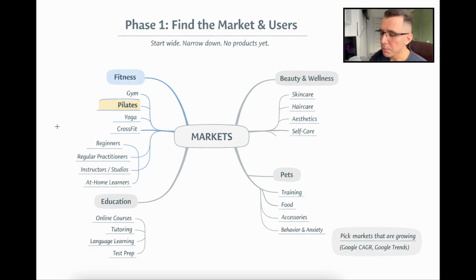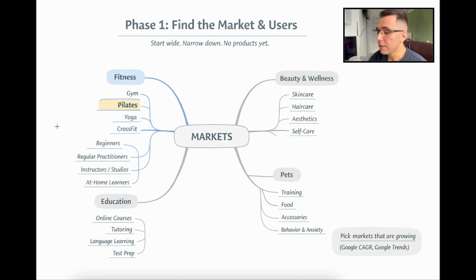For the sake of the example, I took fitness because I love fitness, as I repeat. And what are the sub niches of fitness? Of course, we have classic gym, Pilates, yoga, CrossFit, cycling, anything related to fitness. Recently I spotted that my wife is really into Pilates, and I was interested why.